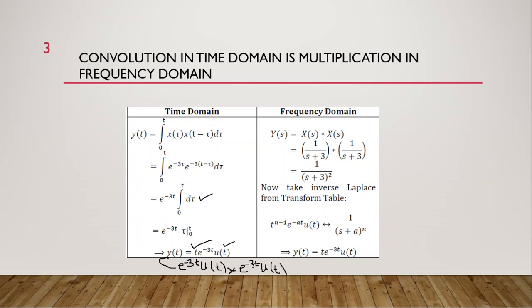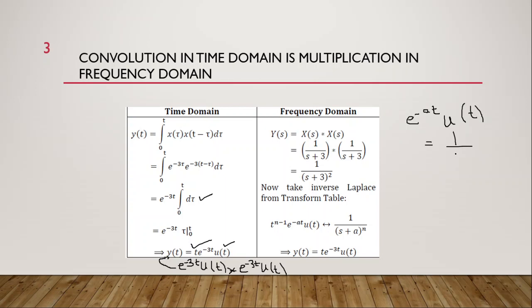Now in frequency domain, we said earlier that convolution in time domain is equal to multiplication in frequency domain. So first I will convert e power minus 3t u of t into Laplace transform. We know that for e power minus at u of t, where a is some constant, the Laplace transform is 1 divided by s plus a.